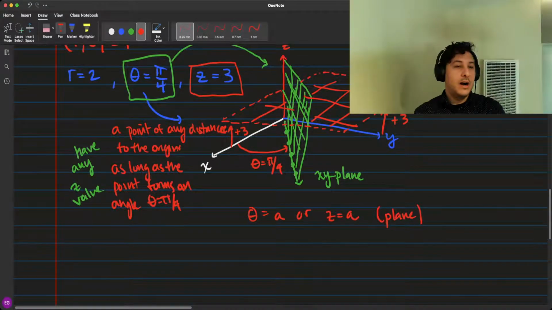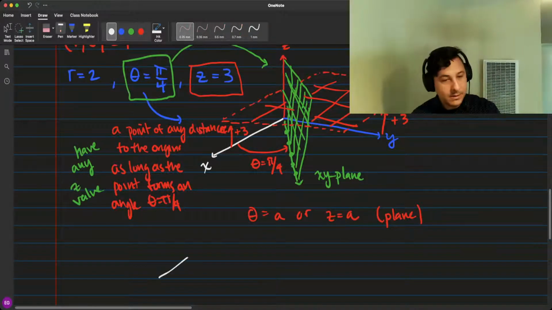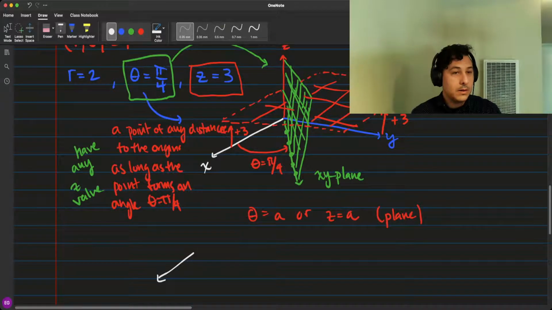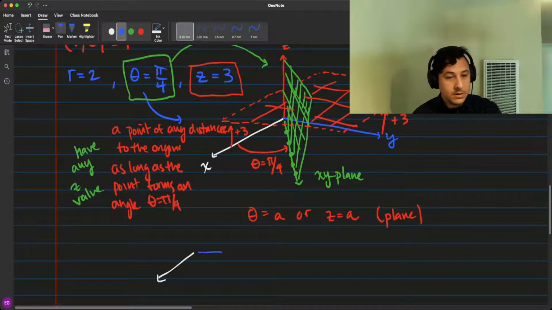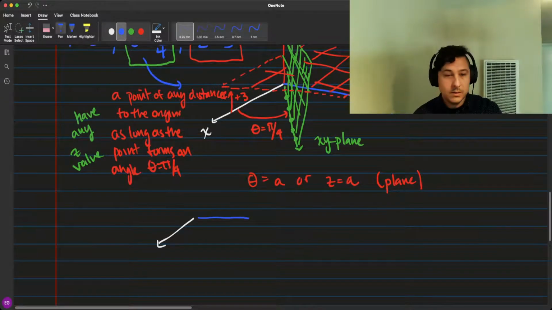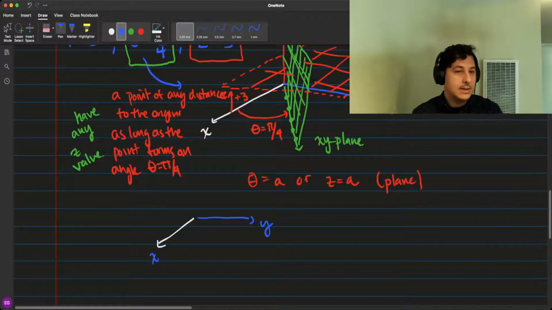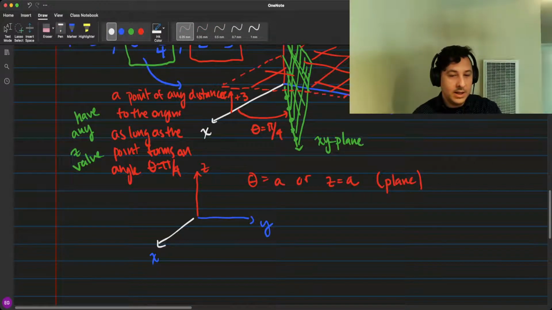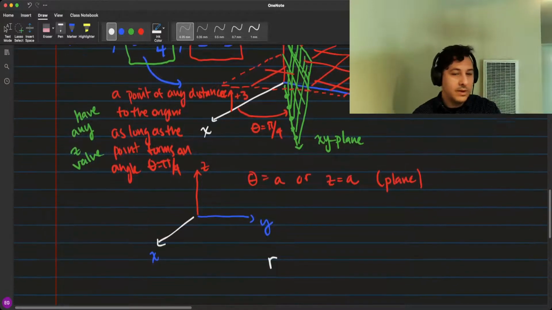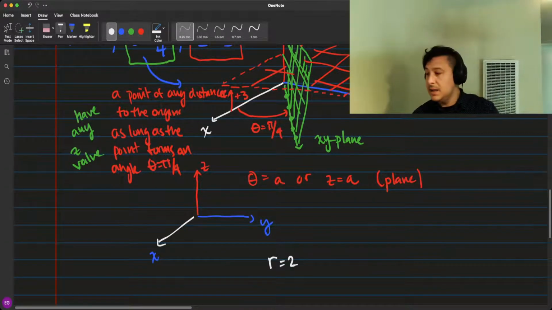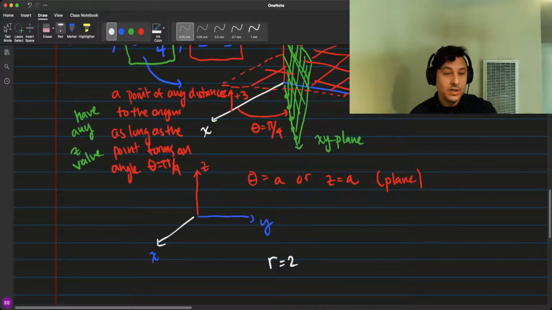Now, specifying an r value gives something different. So let me draw another set of coordinates. You have your x, y axis, and then you have your z axis. What will an equation like r equals 2 give you? This is telling you that you want all the points which are a distance of 2 away from the origin.